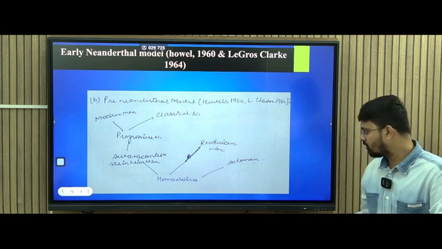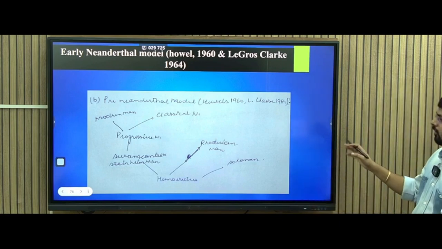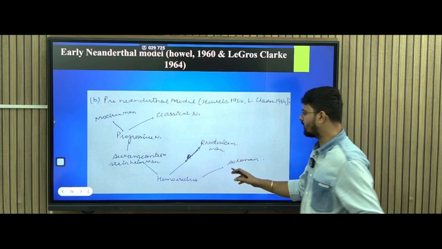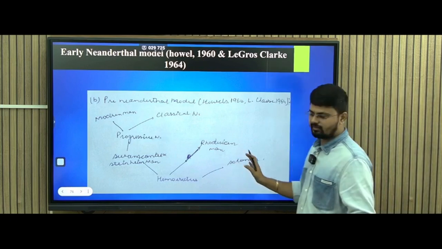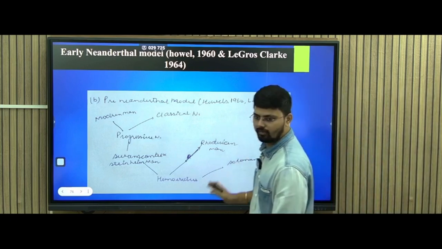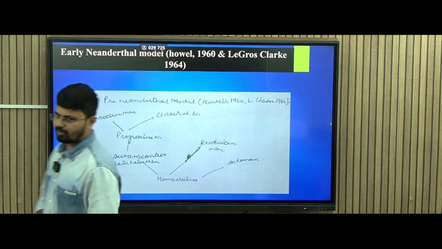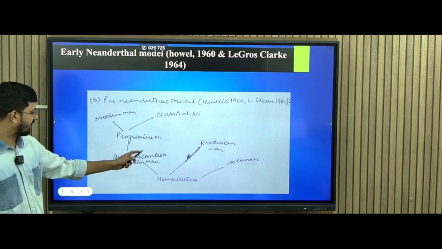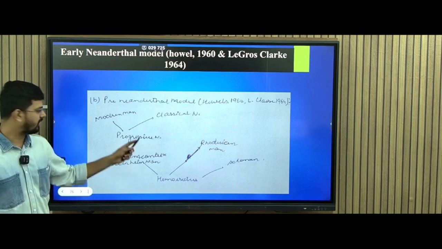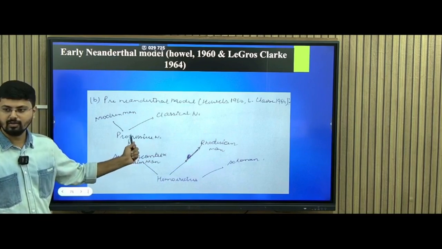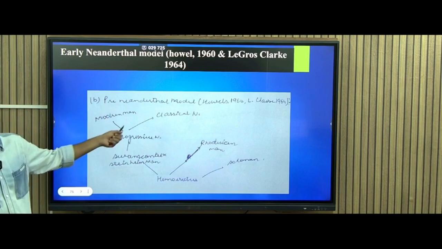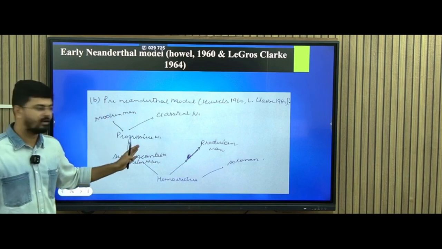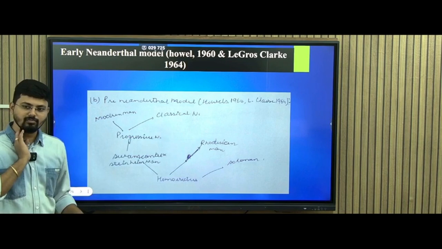That's it. So you see this early Neanderthal model, which says that Homo erectus is evolving into different forms at different places. The Rhodesian man in one place, in Europe, and then here Swanscombe and Steenheim. Then it evolves into progressive, and from progressive comes the Homo sapiens and the classical.